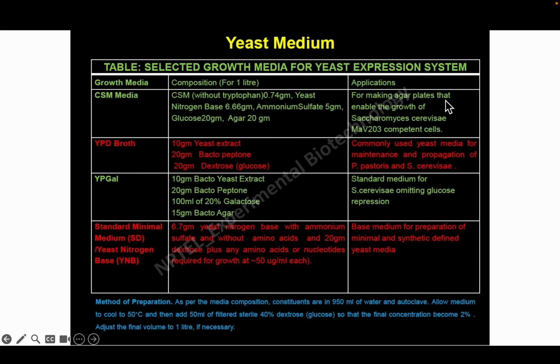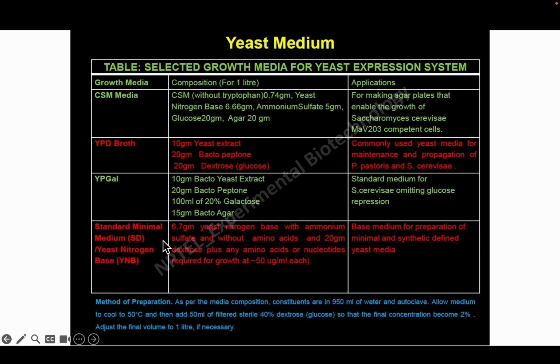Application: making agar plates that enable the growth of Saccharomyces cerevisiae. YPD broth: yeast extract, bactopeptone, dextrose. Commonly used yeast media for maintenance and propagation of Pichia pastoris and S. cerevisiae. YP gal: bacto yeast extract, bactopeptone, galactose, bacto agar. Standard medium for S. cerevisiae omitting glucose repression.